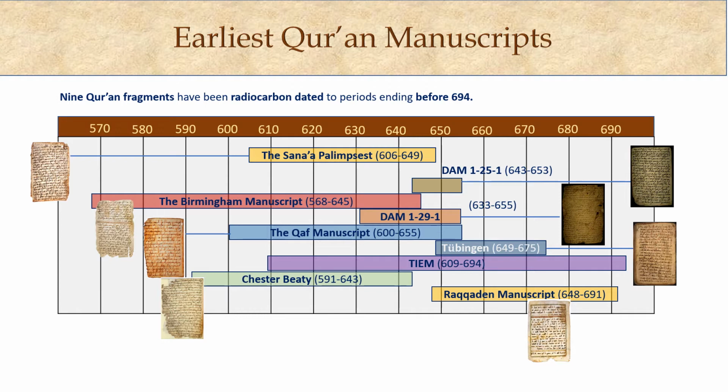In fact, 2 need to be disregarded. We start with the Sanaa palimpsest, that's the yellow rectangle near the top of the chart. The nature of a palimpsest is that it is a writing surface upon which one text has been written, but which has then been erased or washed off, and then a second text has been added in its place.